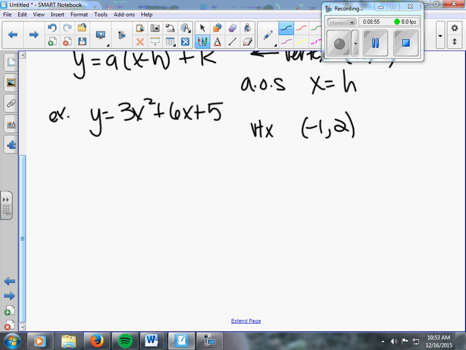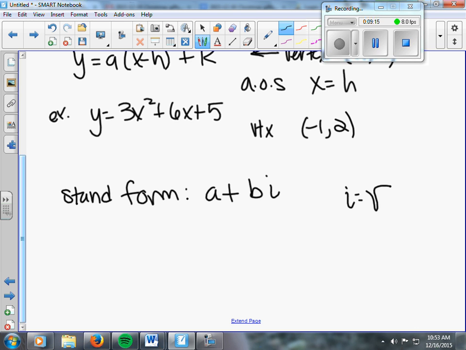Okay, then we also have in this section, well, solving equations, yeah, complex numbers. So for complex numbers, remember the standard form of a complex number is a plus bi, and i, remember, is the square root of -1.